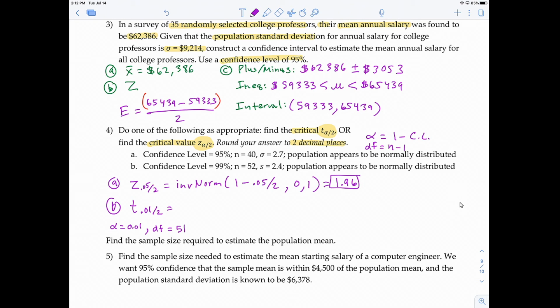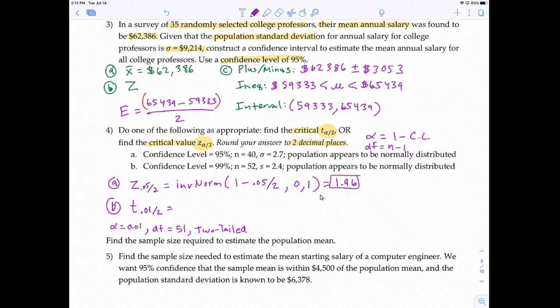And for those of you who are using the table, you also need to know that anytime you're calculating the critical values t sub alpha divided by 2, you're in a two-tailed test. So for chapter 7, we're only dealing with two tails.